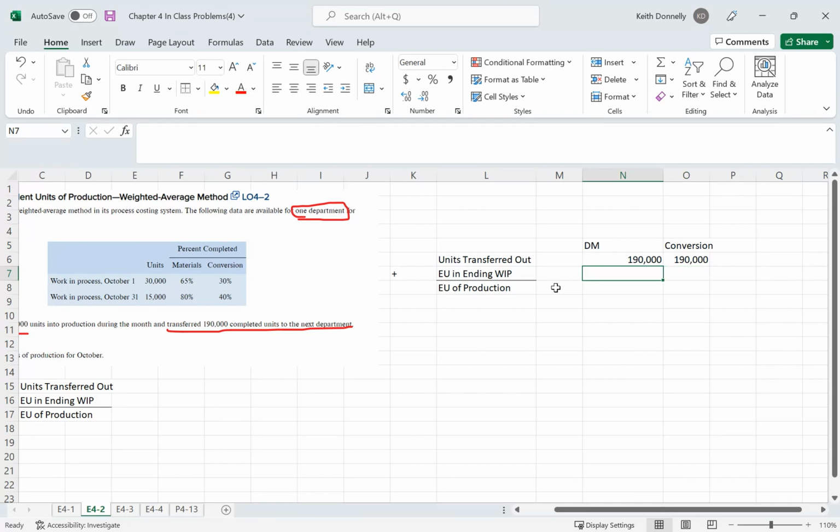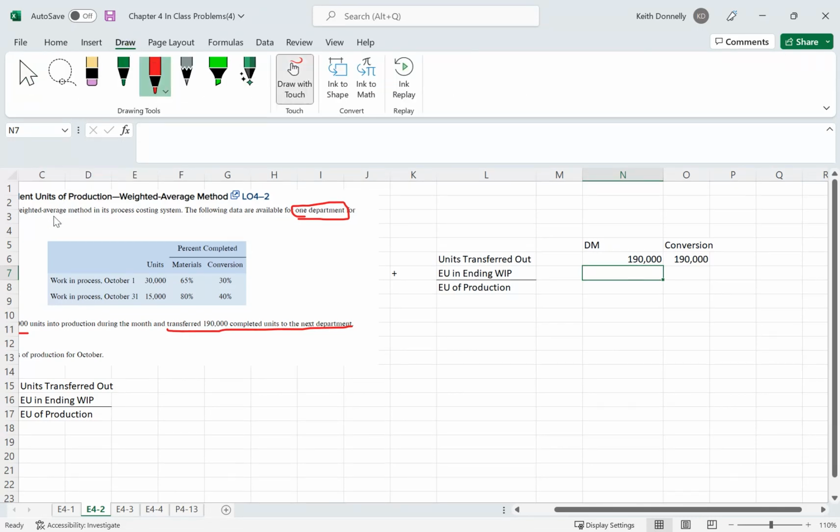Next, what we have to do is find our equivalent units in ending WIP. Okay, when we look at this, right, October 1st, that means this is going to be our beginning WIP. And October 31st, right, that's going to be our ending WIP. So we need to focus on this column here.